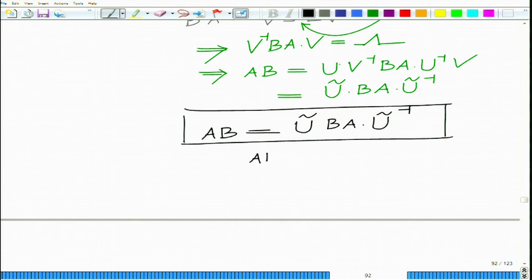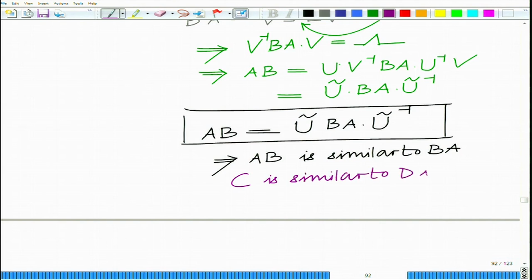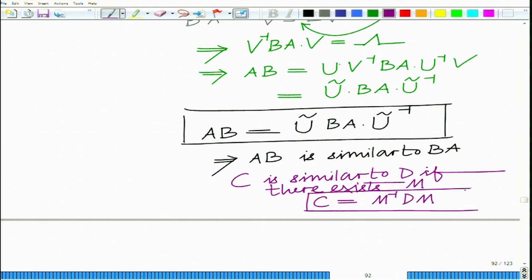So, AB is similar to BA. In general, C is similar to D if there exists M such that C equals M inverse D M. So, if there exists a matrix M such that you can write C equals M inverse D into M, then the matrices C and D are said to be similar matrices.